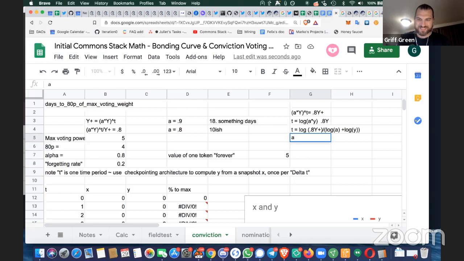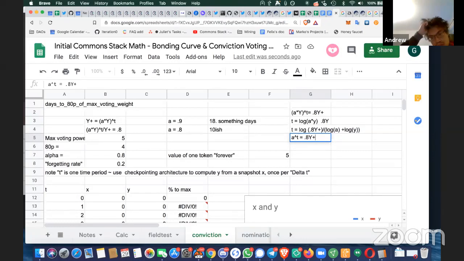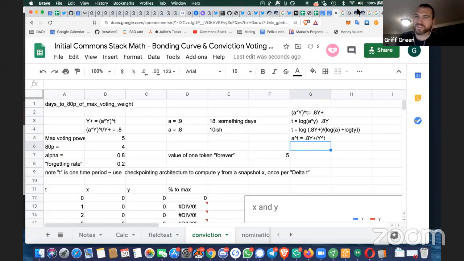Okay, so now we can do something crazy instead. So alpha to the t equals 0.8 y plus divided by y to the t. And then there's a log again, right? What are the rules?